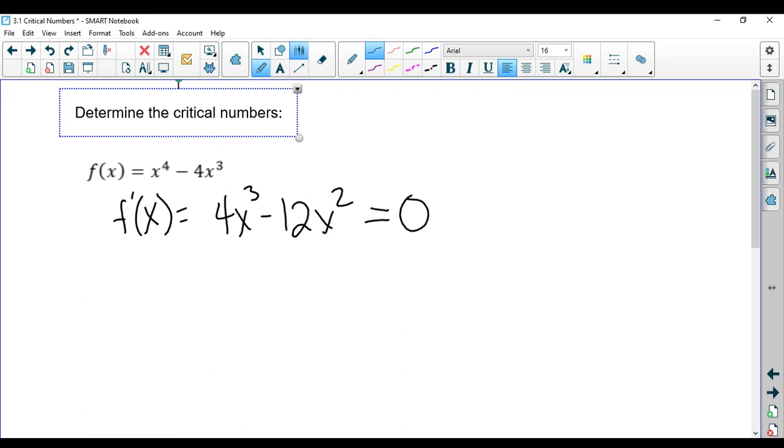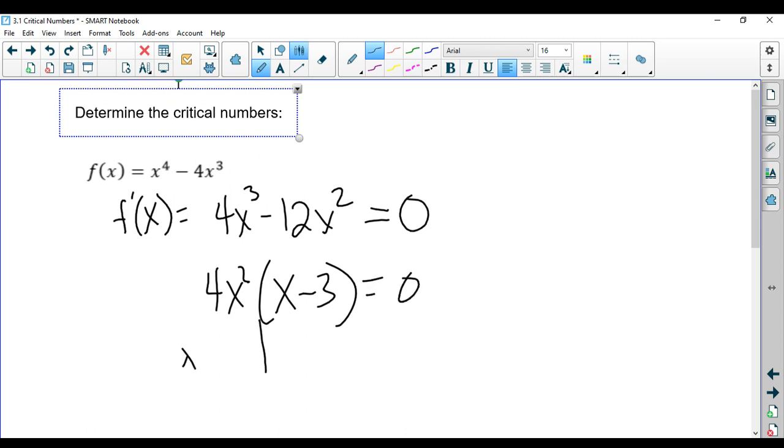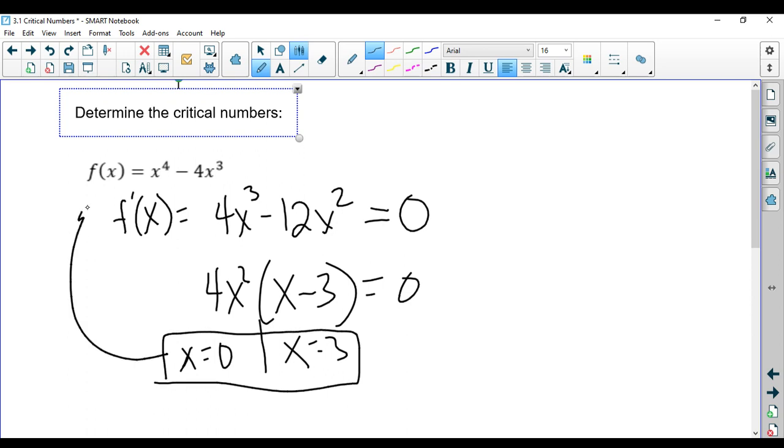To solve this, the easiest way is to factor it. There's a 4x squared common, and you're left with x minus 3, which means the derivative equals 0 at x equals 0 and x equals 3. That's it. Those are the critical numbers. You always want to check to make sure they're defined in the original function, and they are.